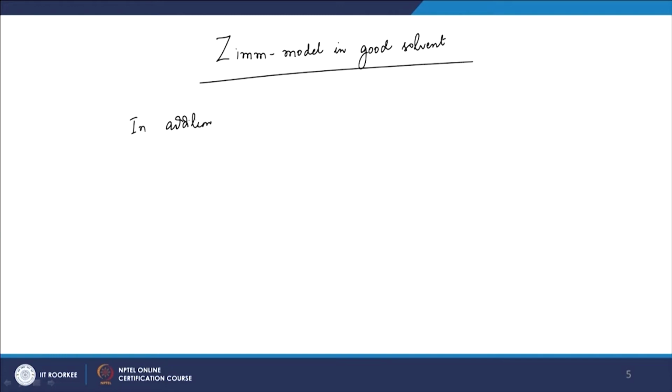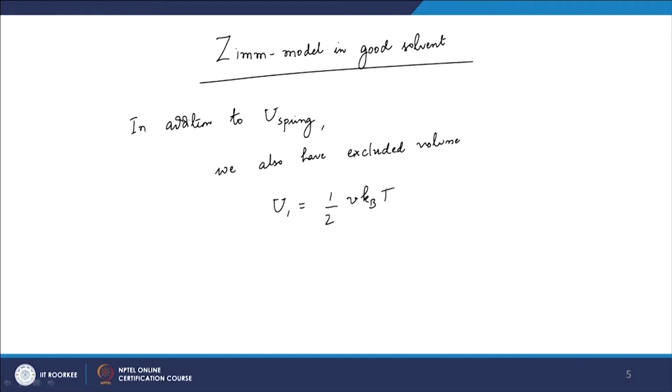So, if I am doing the Zimm model in the good solvent case, what we have is, in addition to the spring energy, we also have excluded volume that we include by adding an additional force, which we have discussed when we were discussing excluded volume earlier in the course, again using point particles and so on.